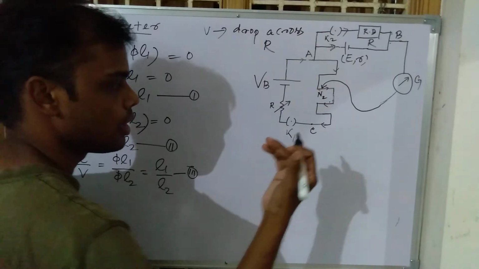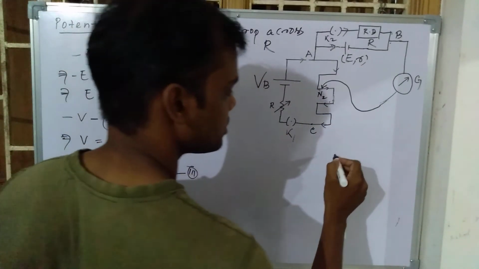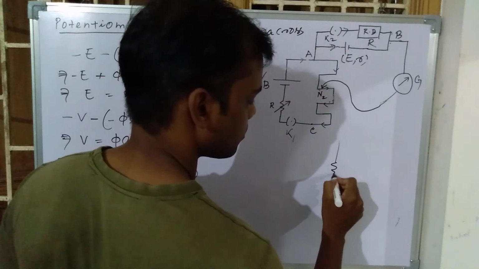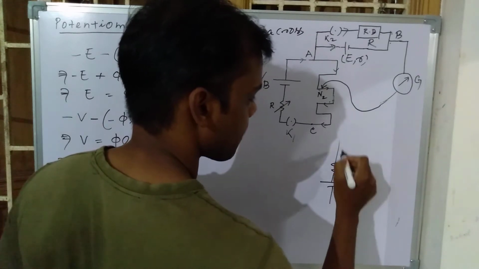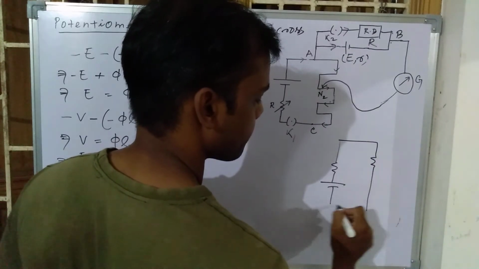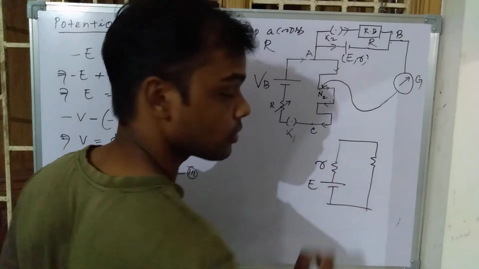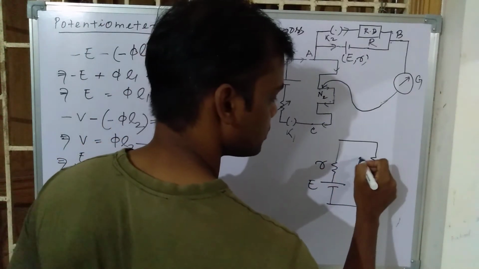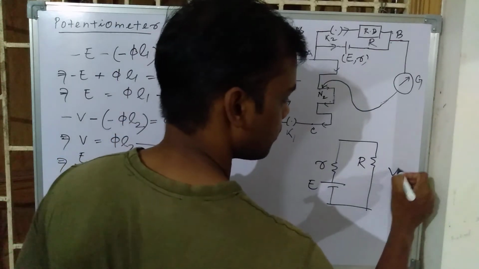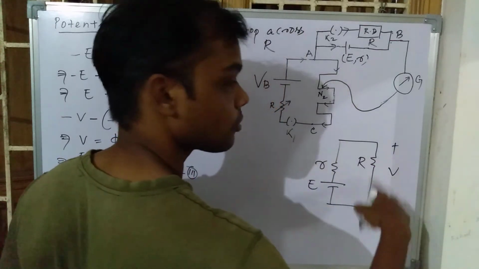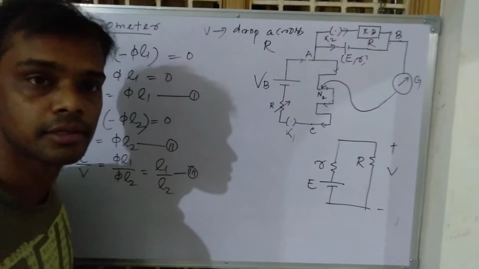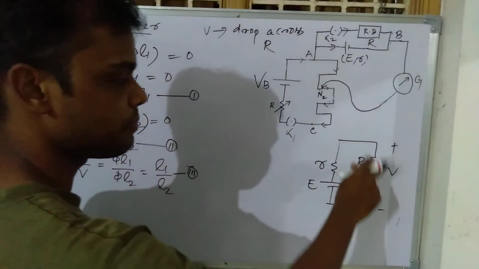How? Recall how a cell is represented. A cell having EMF E, internal resistance r, this is external resistor R, V is the potential supplied by the cell to the external resistance R. This is a typical cell.